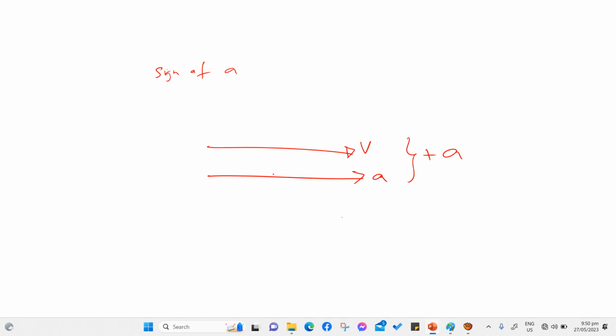If the velocity goes in this direction, and the acceleration goes in the same direction, we expect that a is positive.